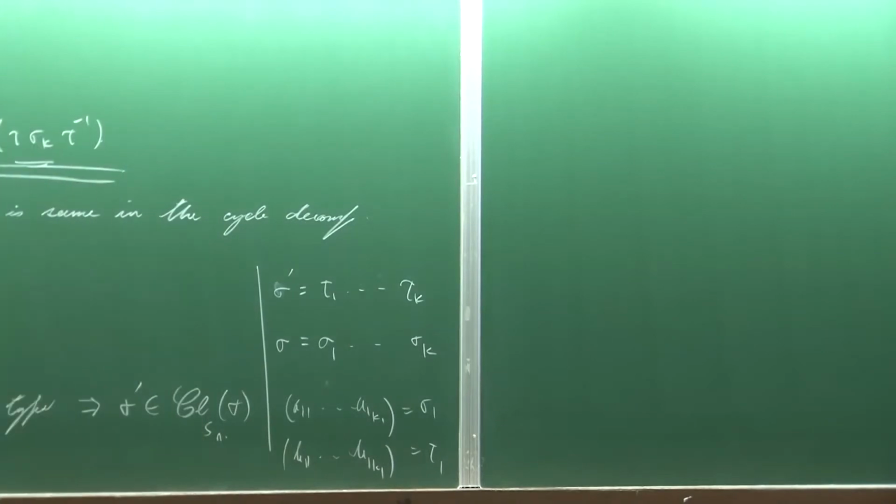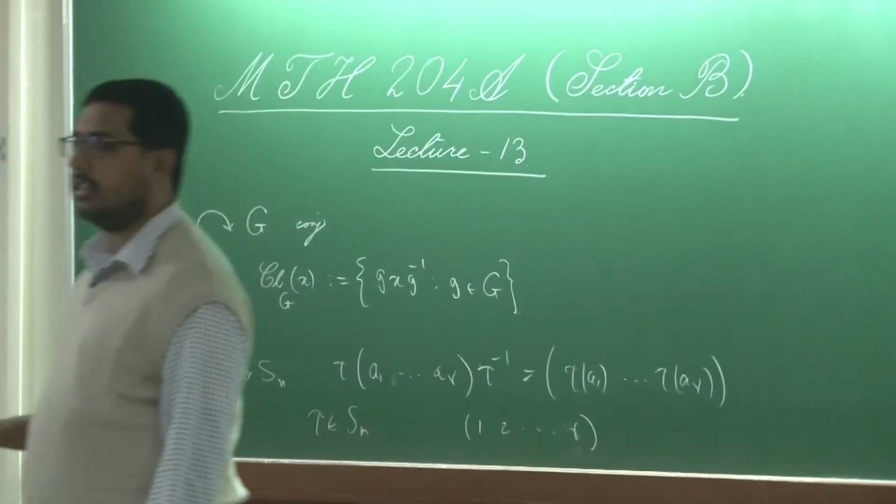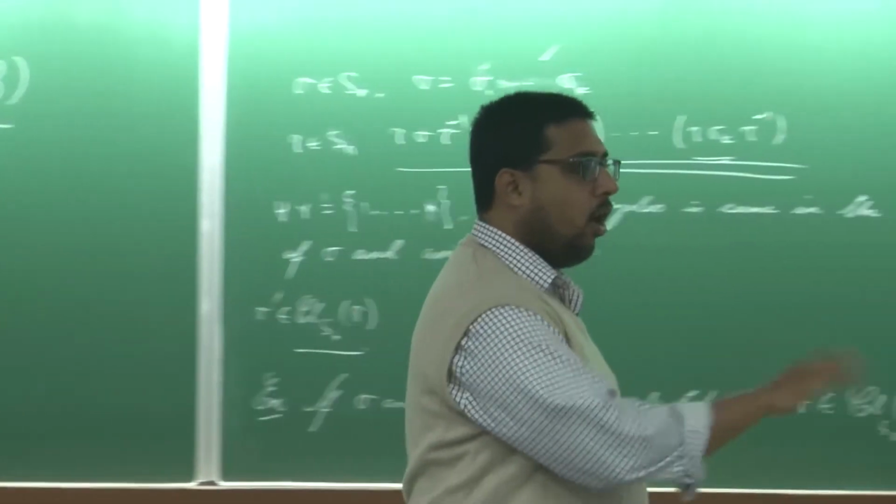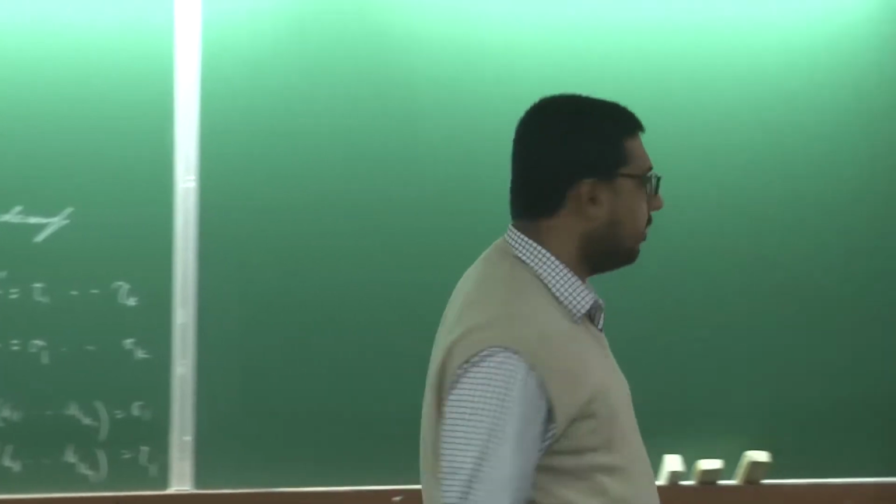Thus inside Sn we have characterized all the conjugacy classes, namely each conjugacy class consists of precisely all elements having the same cycle type.